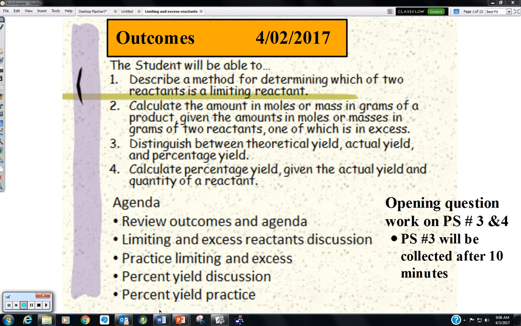The other side of this, I am looking to test the stoichiometry on Wednesday, but that's really going to depend on how we do today. If I see that we're getting it and we can move forward, then the test will be Wednesday. If we're not getting it, then tomorrow and Wednesday will be review where we're just practicing this material, and then Thursday will be the test.